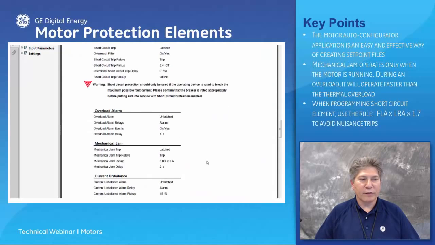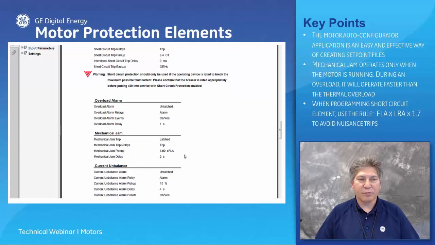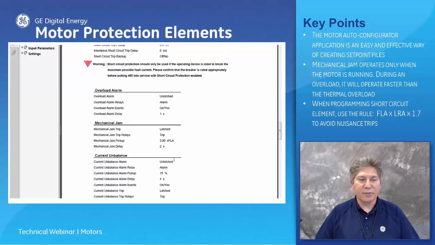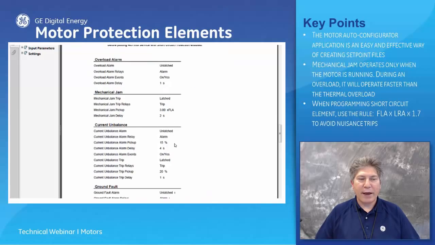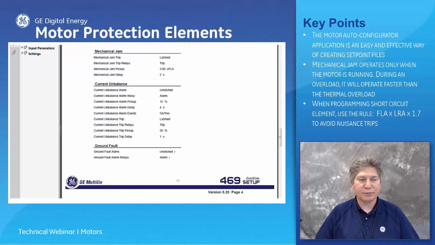We have all our different values here as well for the overload alarm. Mechanical jam, setting it up for 3 times FLA with a 2-second delay. Current unbalance, 15% for 4 seconds for an alarm, 20% for 1 second for a trip.